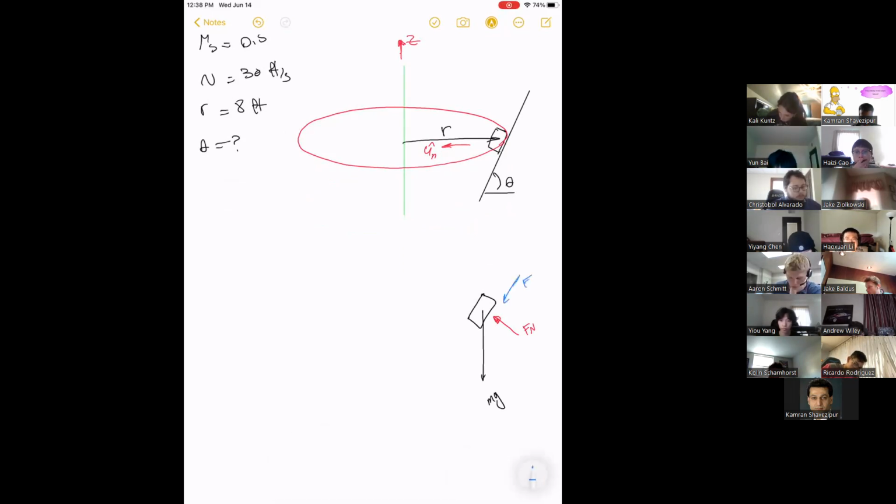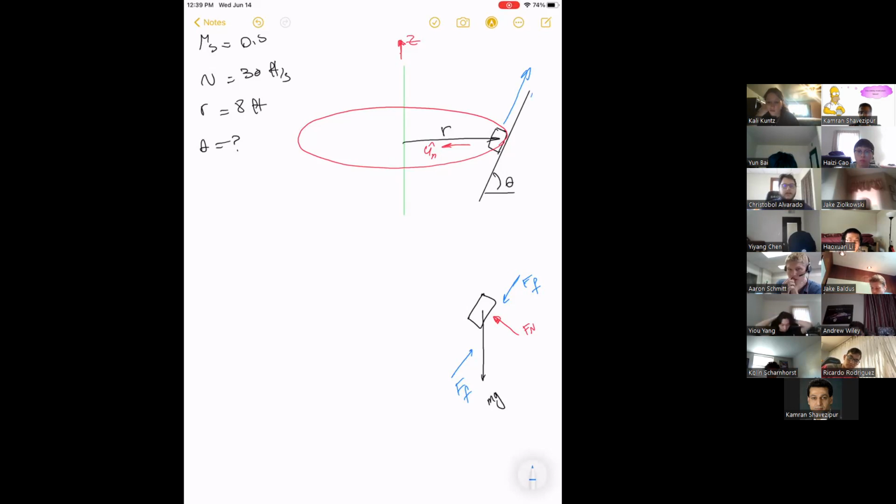Is it this way or this way? Again, if this goes too fast, the guy is going to jump off the system here. Remember, the guy does not move with respect to that cushion, right? So it's practically a static friction.